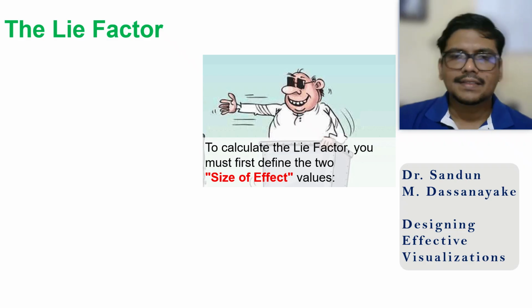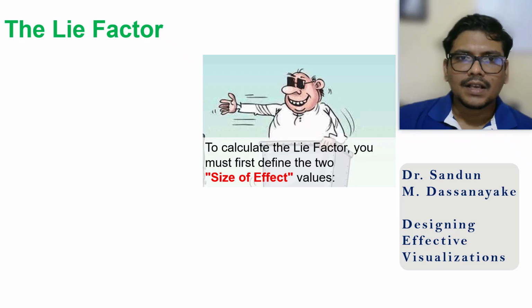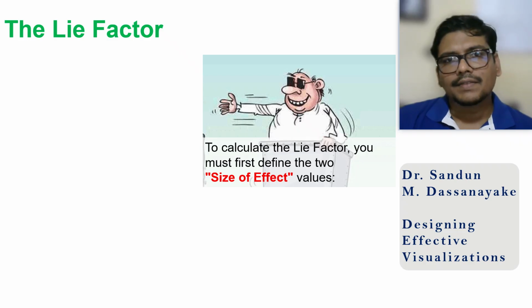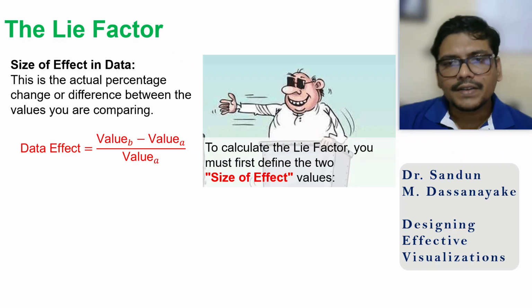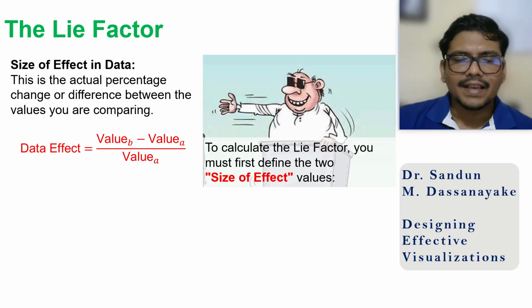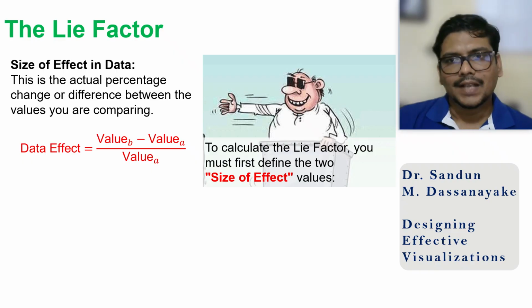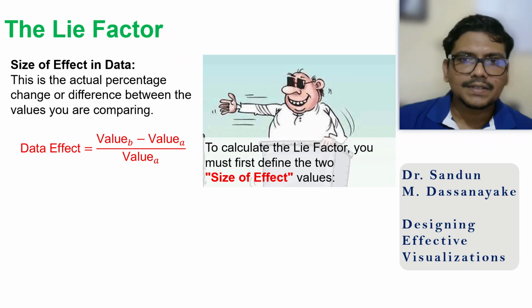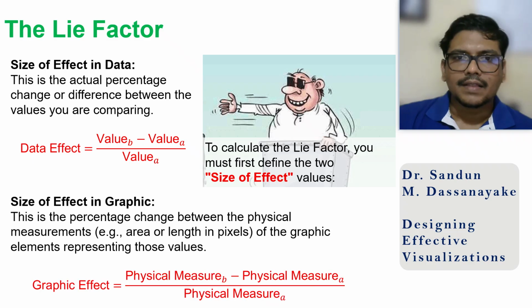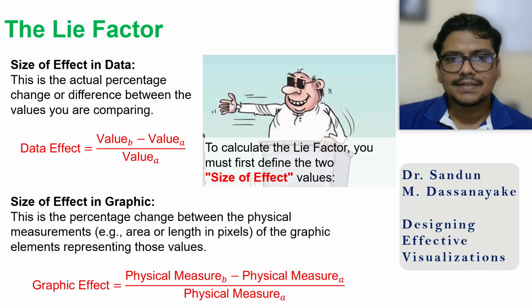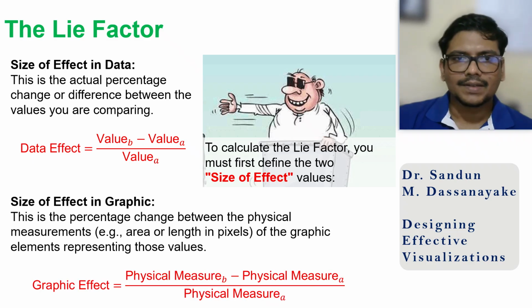To calculate the lie factor, you must first define the two size of effect values. The first component is the size of effect in data, which is the actual percentage change or difference between the values you are comparing. The second component is the size of effect in graphic.